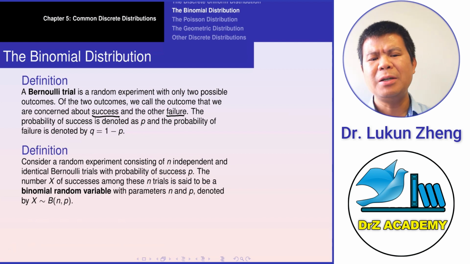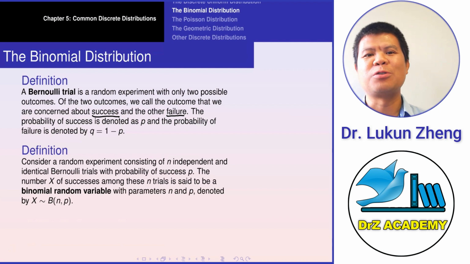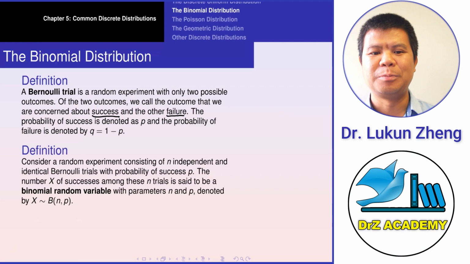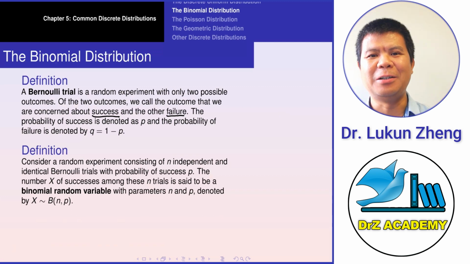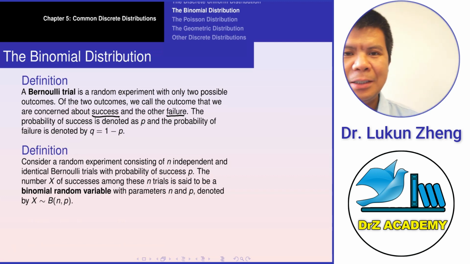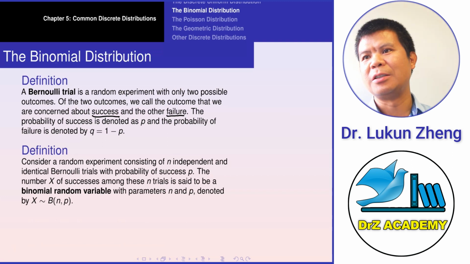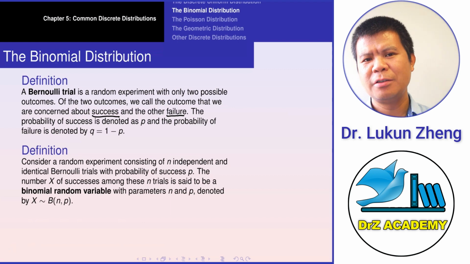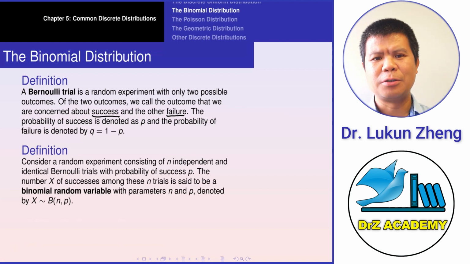But success doesn't always mean something positive or good. Sometimes it's just something we are interested in. You can see that flipping a coin, head or tail, is a Bernoulli trial, and whether a product is good or defective is also a Bernoulli trial.